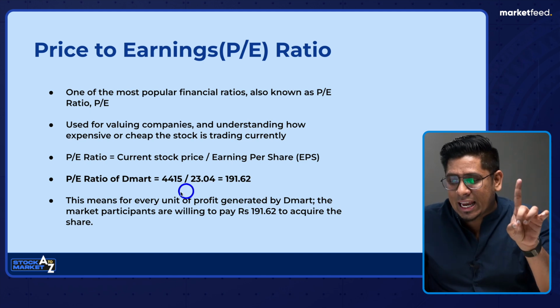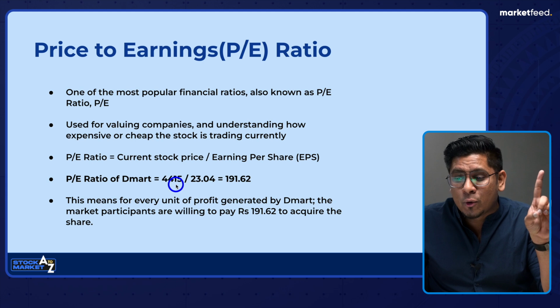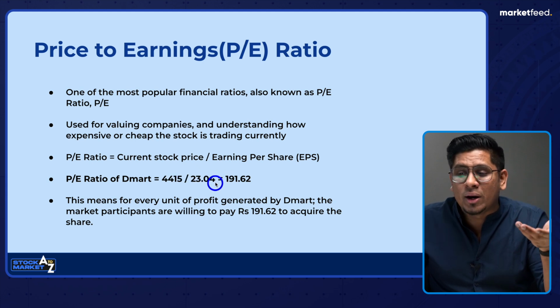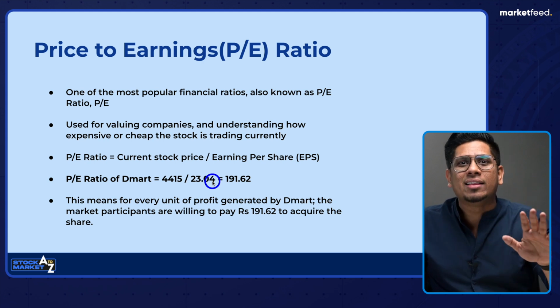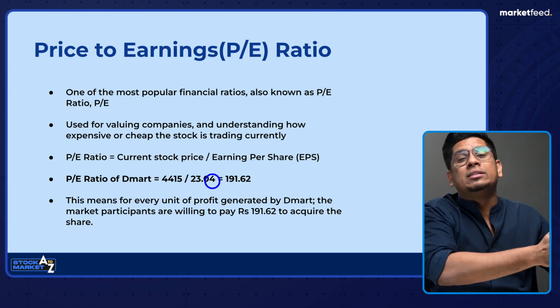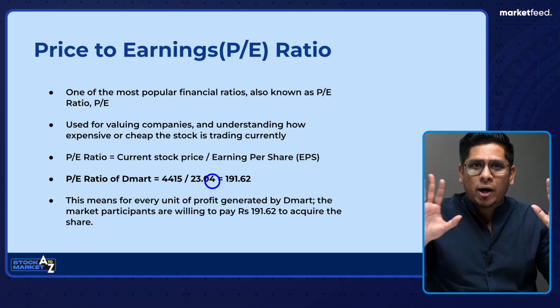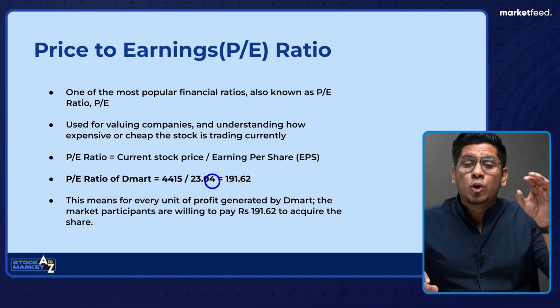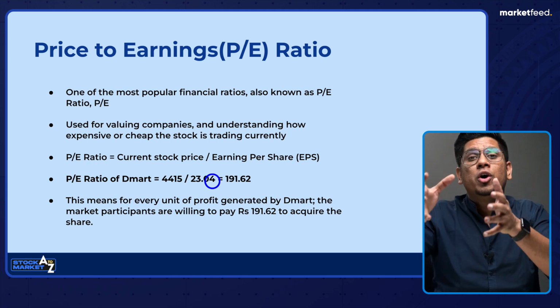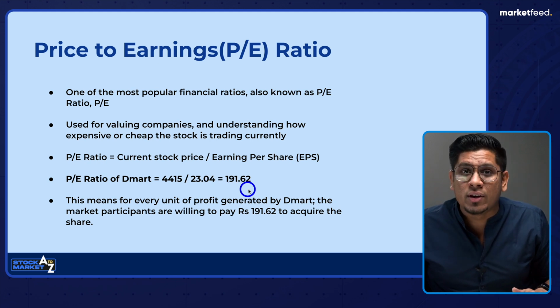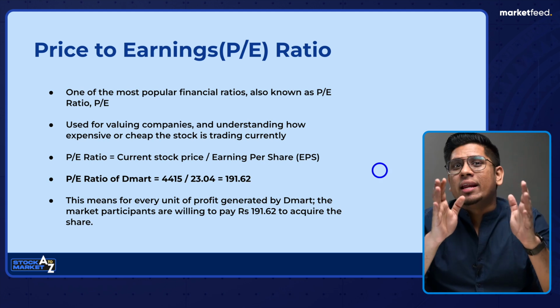Don't think that when you're paying 4,415 rupees to buy a stock, you're going to get this 23 rupees. No. In case of Dmart, dividend payout is zero. You're not going to get anything. The complete 23 rupees is going to be with the company only. But I hope you get the gist of this. You pay 4,415 rupees and the company with that amount is going to generate 23 rupees of profit only every year. I hope you're understanding what we are discussing here.